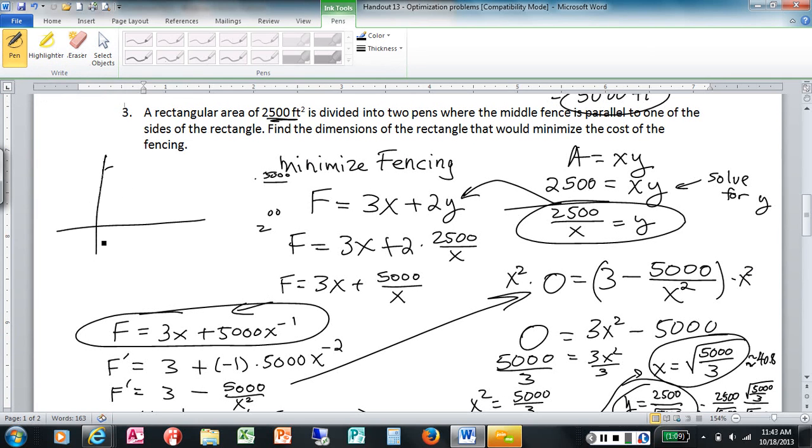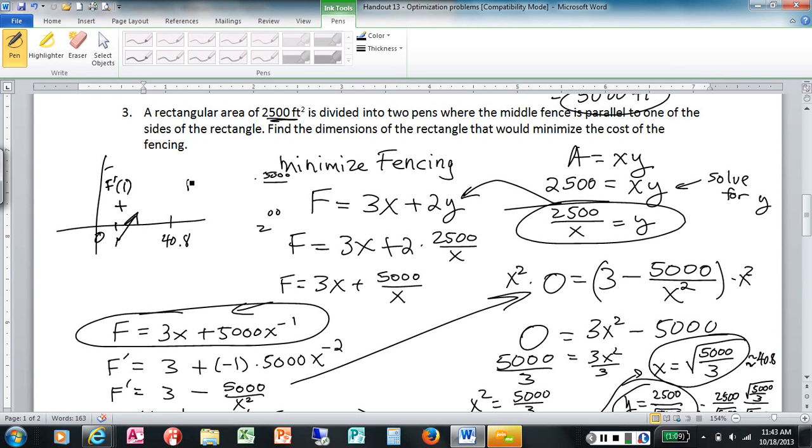So I've got x is 0, and then out here about 40.8 is my critical number. If I look at x as 1, f prime of 1 is 3 minus 5,000, so that's negative 4,997, sorry, so I've got a decreasing graph there.